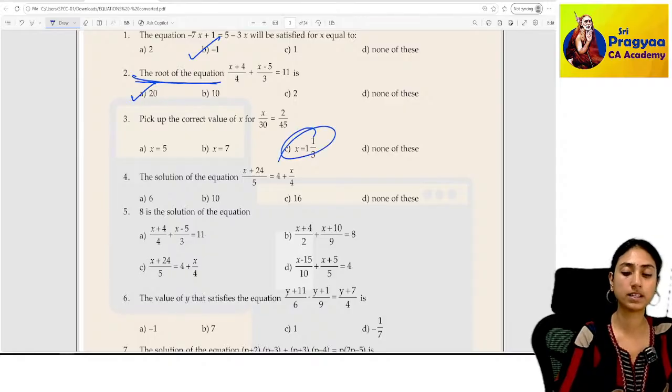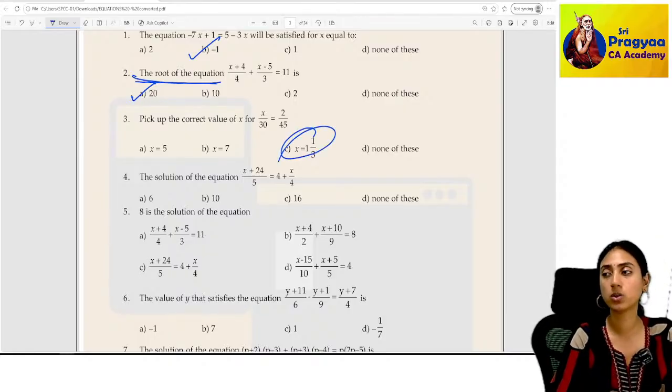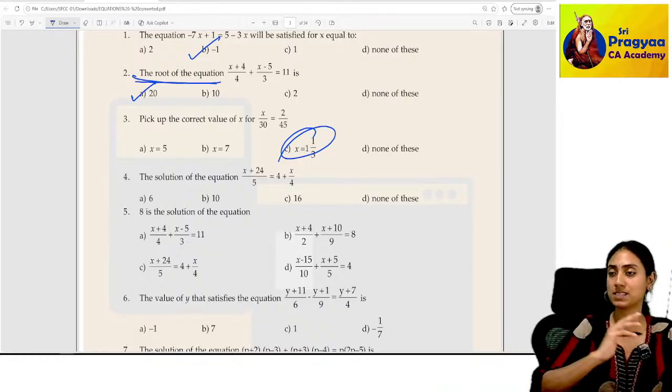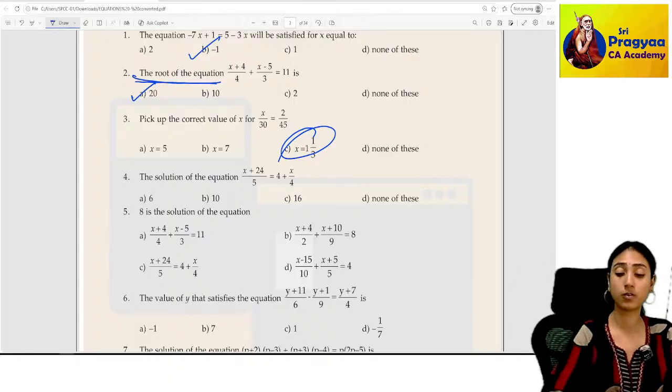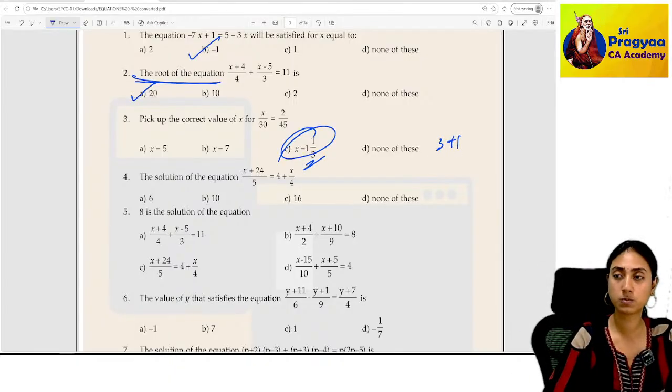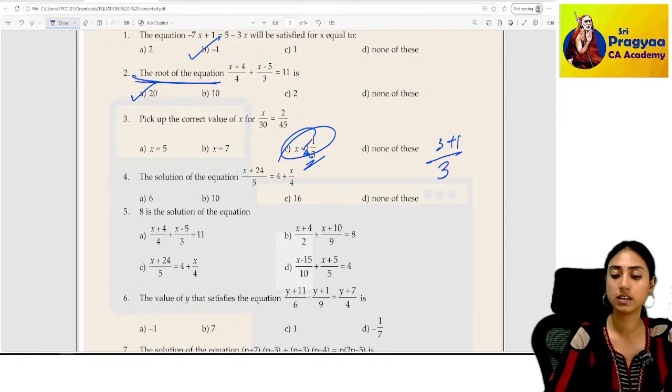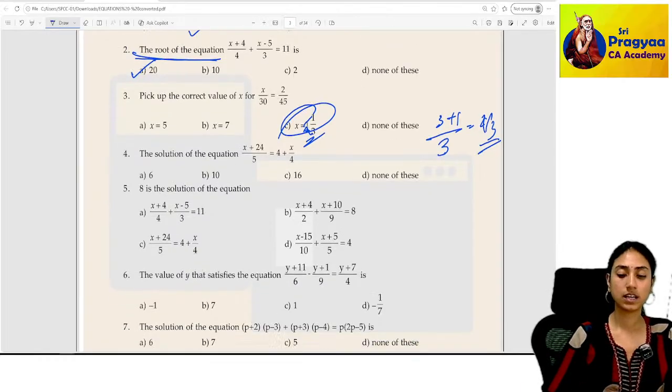What is 1 by 3? How do you do that? Do you know this? Basic. These are all extremely fourth, fifth standard level. So go back to your foundation. How will you rewrite this? 3 plus 1 by 3. You multiply this and add here, which is 4 by 3. You would probably have got this.